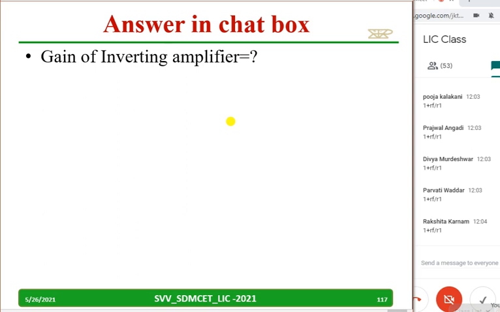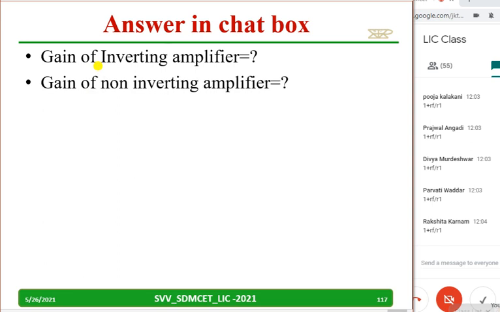What is the question? Gain of the inverting amplifier. Is it inverting or non-inverting, what all of you have typed? Then I will ask the second question: gain of the non-inverting amplifier. Let me see what you type. Type it now.